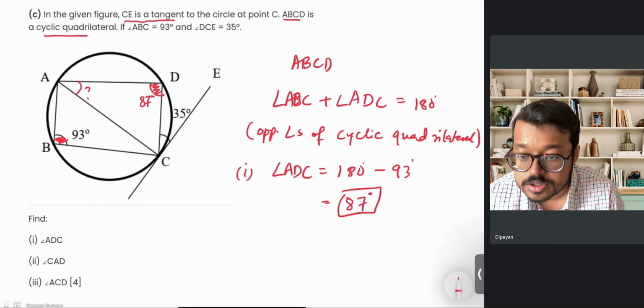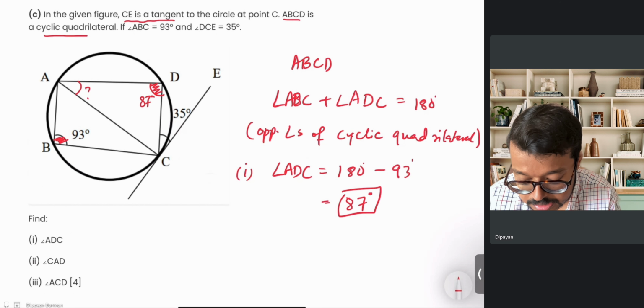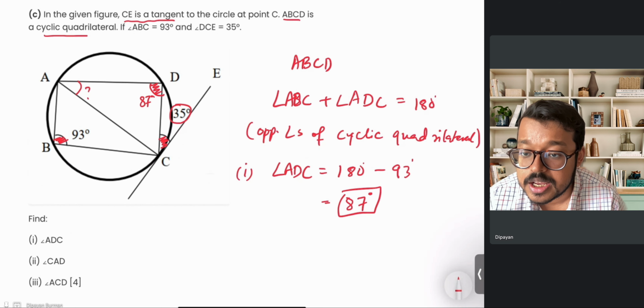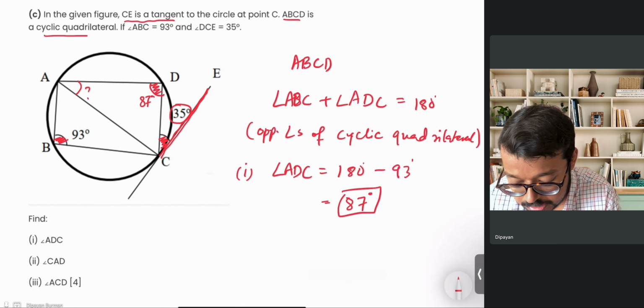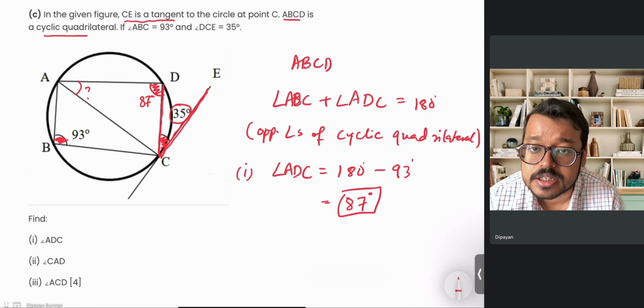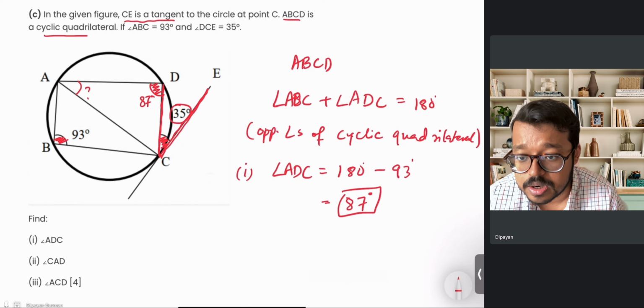So to find angle CAD, I can look at what is angle DCE. So DCE is 35 degree and DCE is the angle between my tangent CE and my chord CD. So again I will use the theorem that the angle between the tangent and the chord is equal to the angle in the alternate segment.